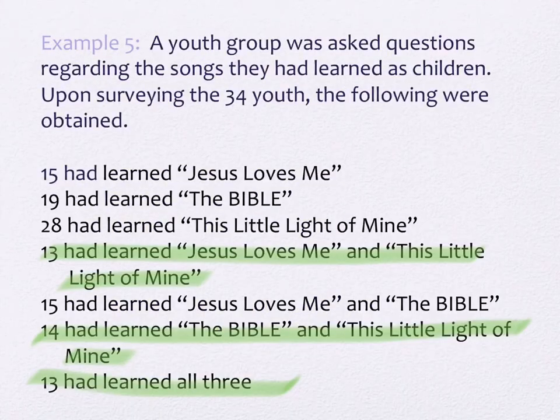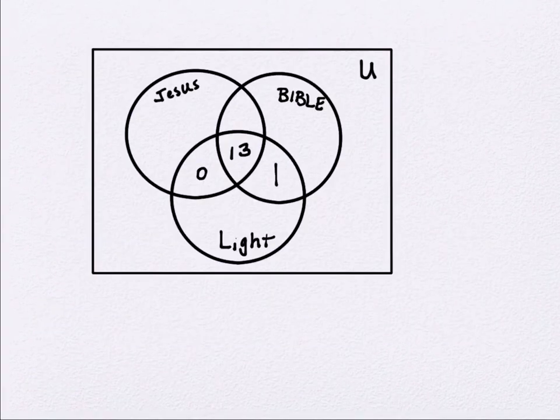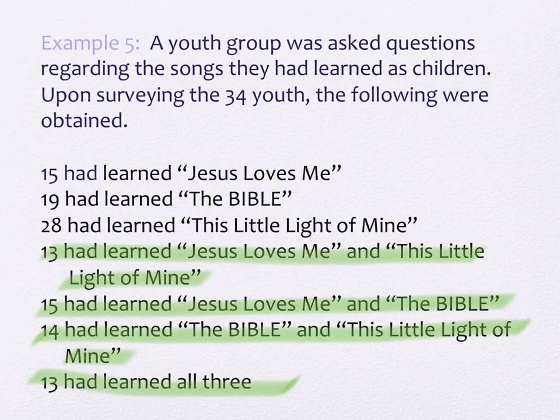Okay, looking good, getting things filled in. Now what? Yeah, the Jesus Loves Me and the Bible are supposed to be 15. That's this piece. So I need 2 in the upper corner there, 2. Okay, we've got 4 of our 8 regions filled in. That's a good start.